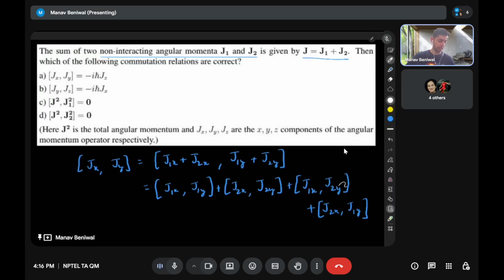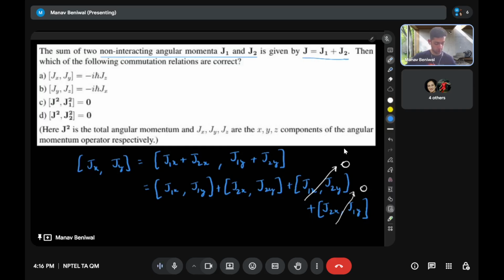Because 1 and 2 are non-interacting, this commutator goes to 0. Similarly, the other has J2 and J1, so it also goes to 0. But the first commutator has J1x and J1y, which correspond to angular momentum J1, and similarly the second corresponds to J2, so they will not go to 0.